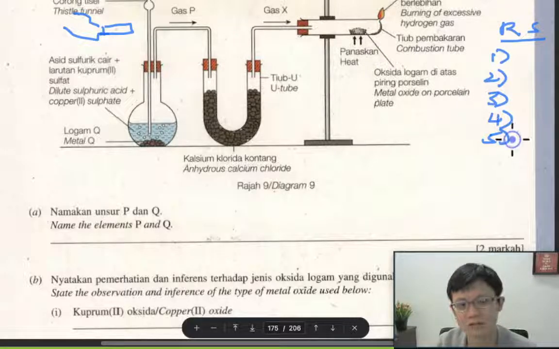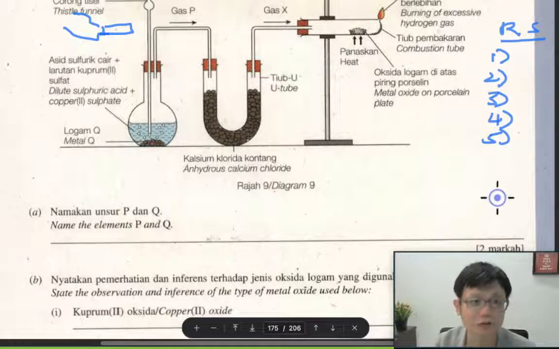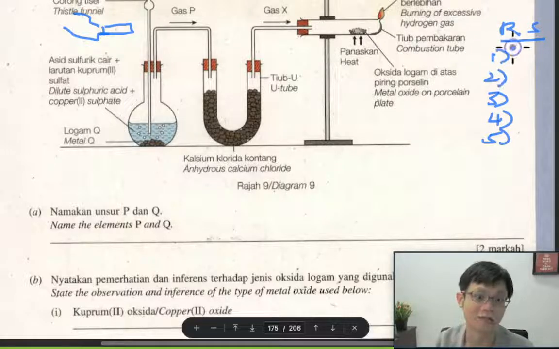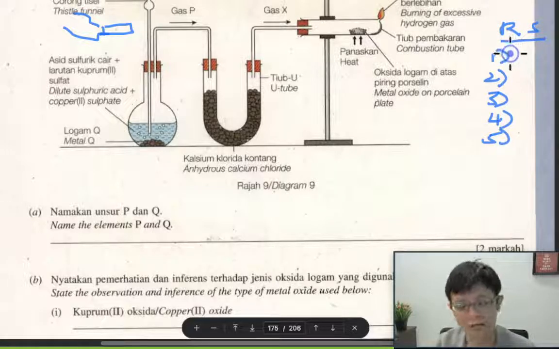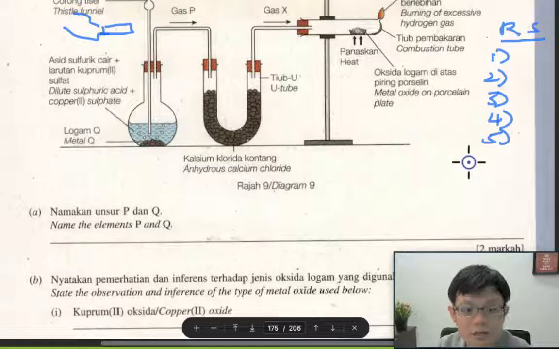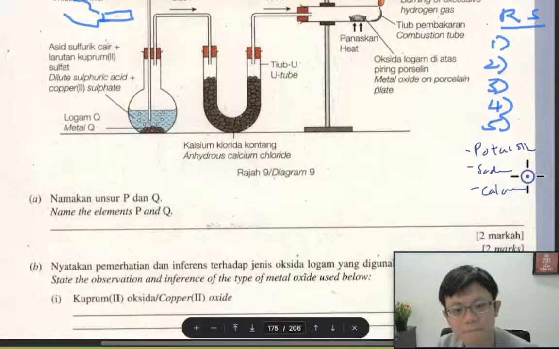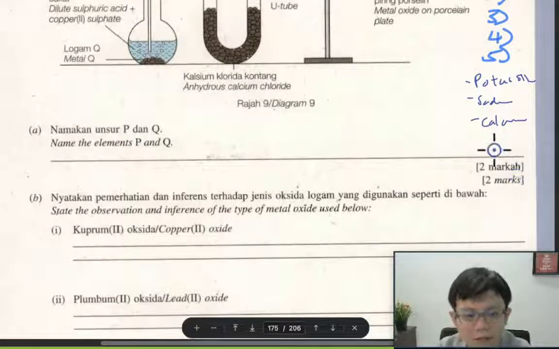So it's better to remember it now, and I'm going to ask you to pause the video and let me know the reactivity series of metals. Okay: potassium, sodium, then calcium, then magnesium, not enough space.